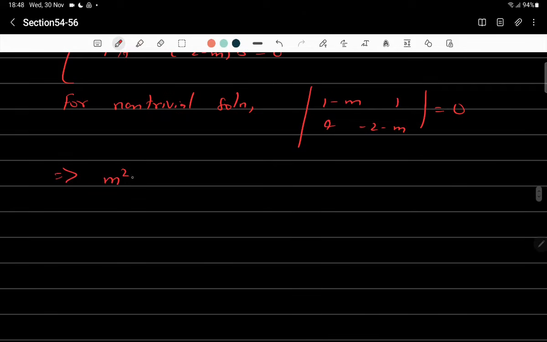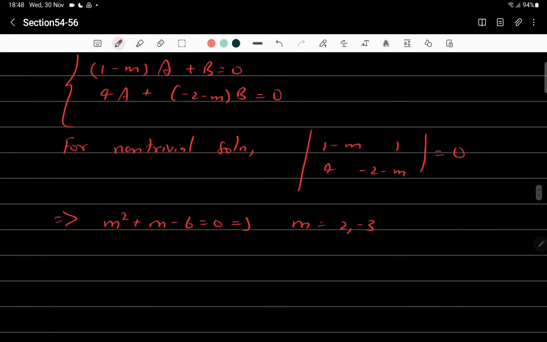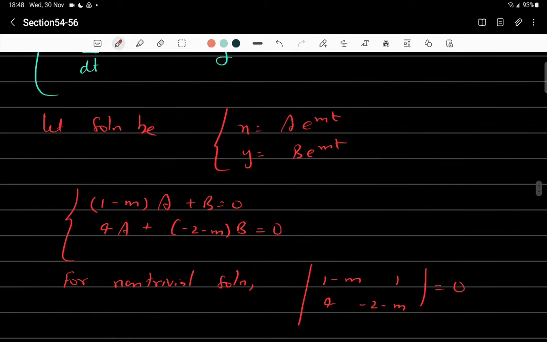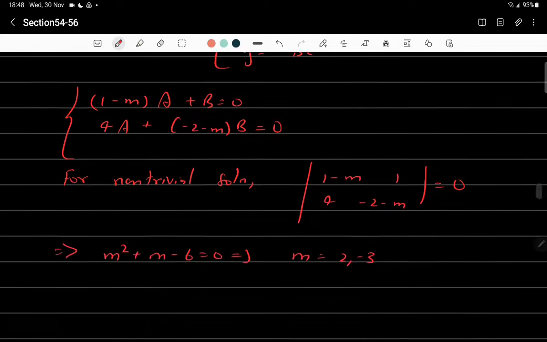This gives me a quadratic equation in m whose roots are 2 and minus 3. So it means that for each value of m I have to find the solution. The solution would look like a e raised to the power 2t, b e raised to the power 2t, and similarly a e raised to the power minus 3t and b e raised to the power minus 3t. But the values of a and b are unknown.